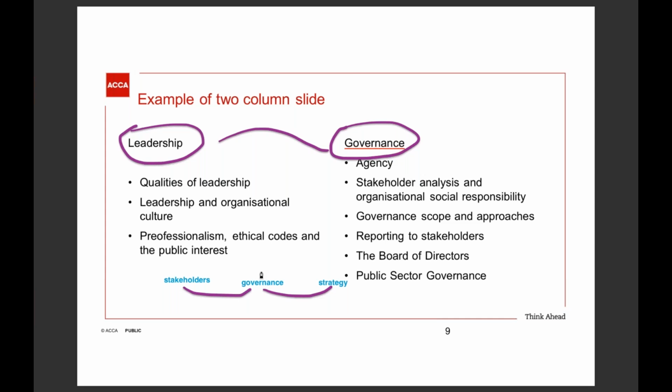So that's the reason why governance comes in. When you appoint someone, you wouldn't know whether that someone will truly do that business on your behalf. That's why, as business grows bigger, they have reporting to stakeholders, they have a board of directors, and they have public sector governance.